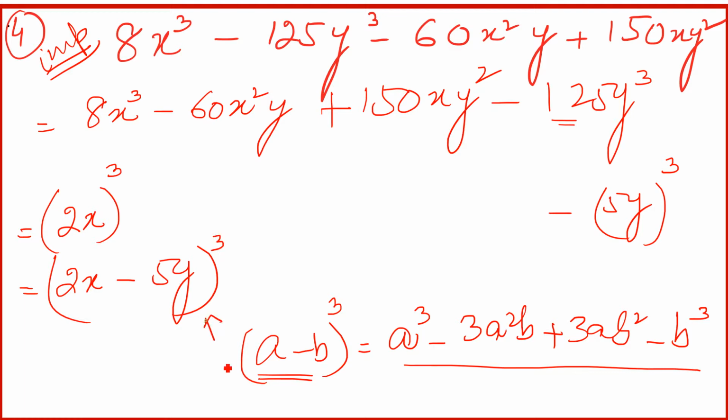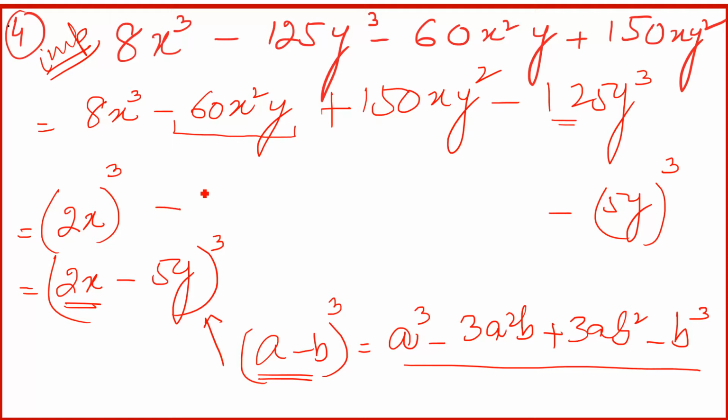This is the requirement, a minus b. So a is 2x, b is 5y. Simply you can do it: make the cube of the first, make the cube of the last one, and then write down in the parenthesis, question is finished. But here you have to fill in now this. We will follow this formula, right? Whatever I write down here will be equal to minus 60x squared y. Just follow this.